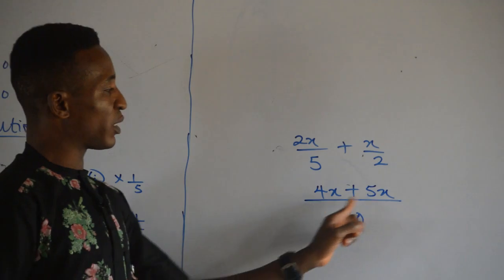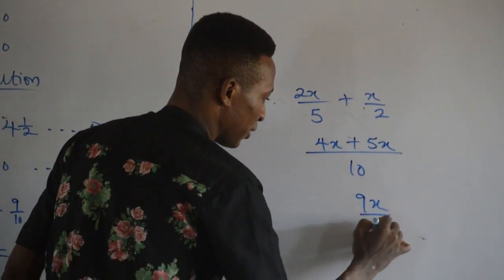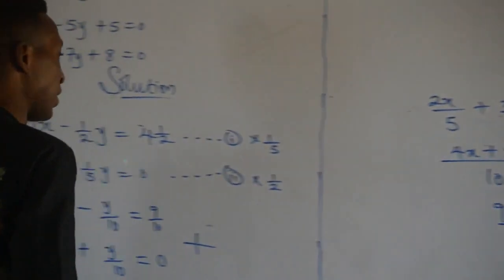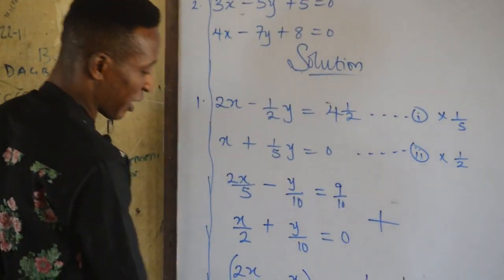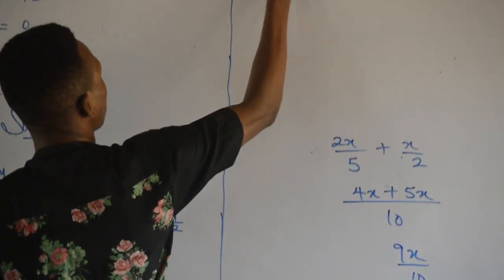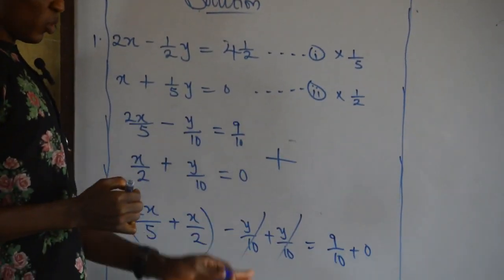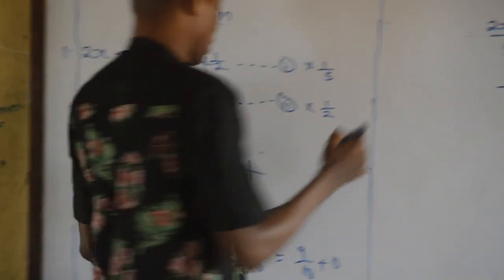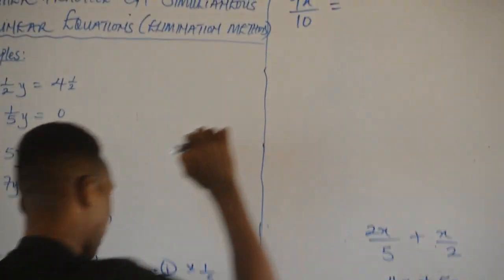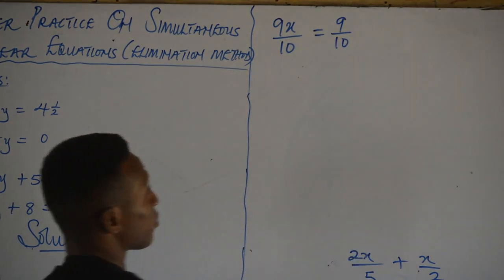So we can now add the numerators here now. 4x plus 5x, that gives you 9x all over 10. So that means what we are having here now for this 2x over 5 plus x over 2 is 9x over 10. So I bring it out now. 9x all over 10. Now this minus y over 10 plus y over 10 is cancelled out. So I'm going to my equality sign now. Equals to 9 over 10 plus 0. That still gives you 9 all over 10.